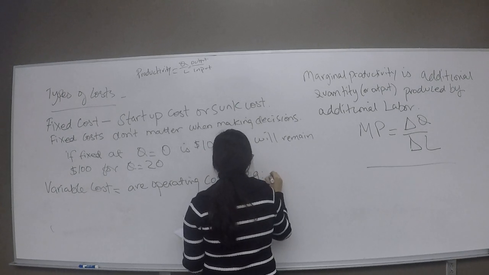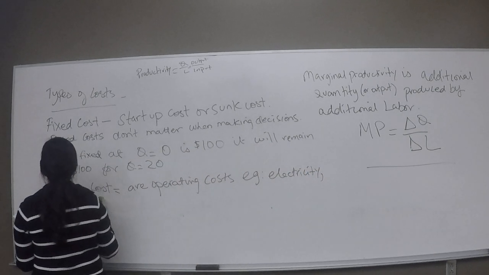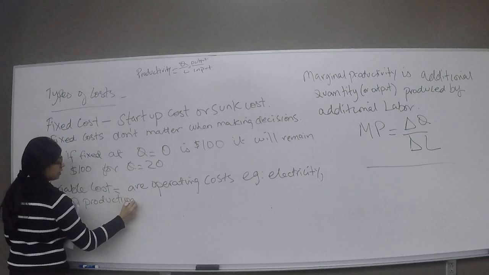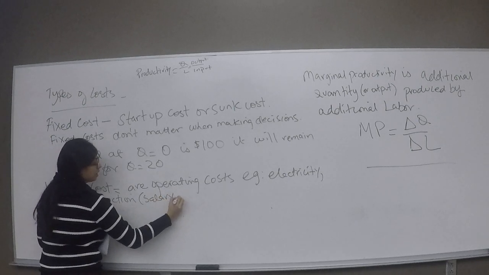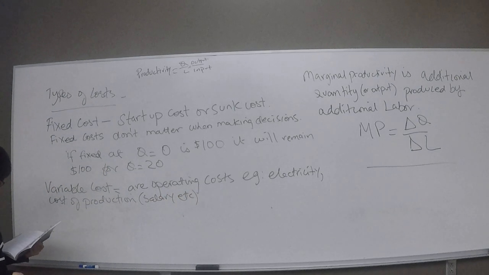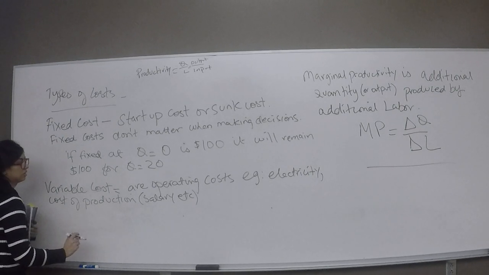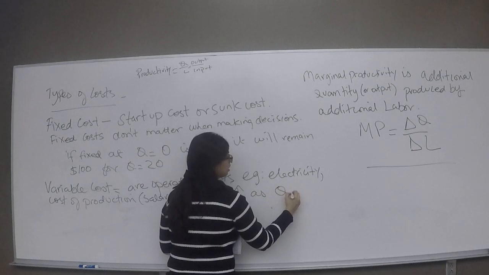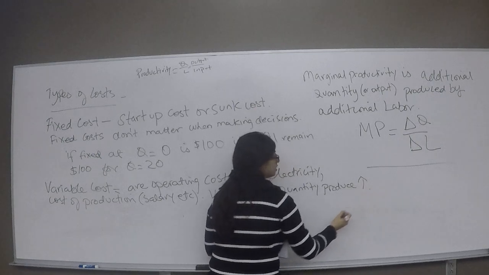Examples: electricity, cost of production that includes employee salary, etc. Variable cost increases as quantity produced increases.